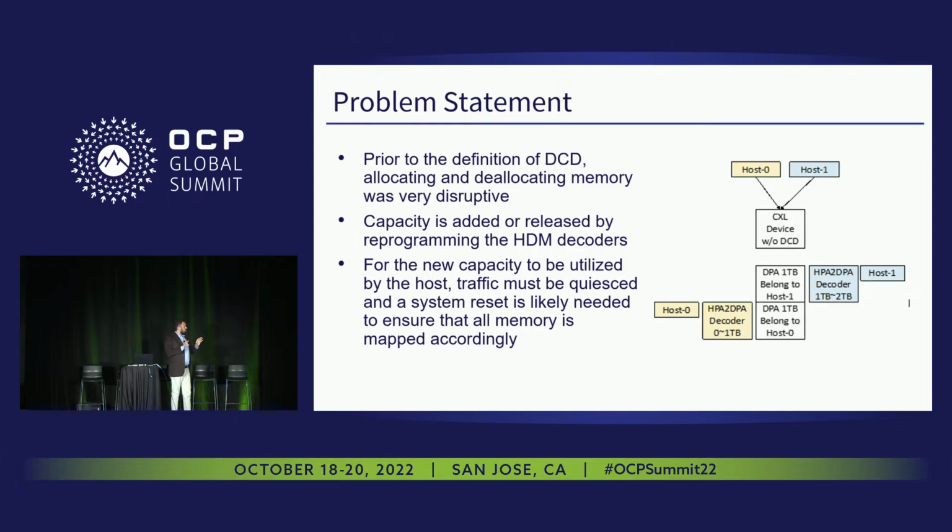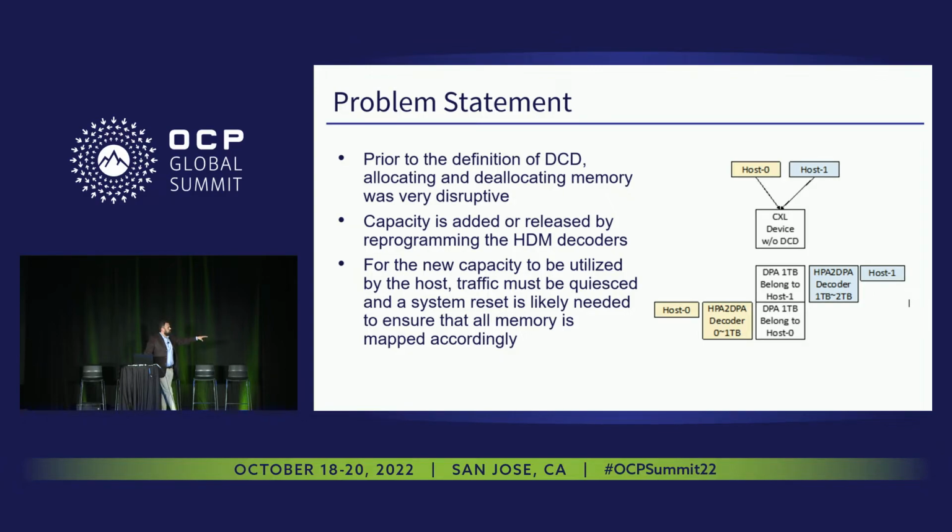So this works really great, and with a multi-headed device, you have multiple HDM decoders, and each decoder can expose different quantities of media to the hosts, and each host can independently program its own HDM decoder to map the underlying media addresses.